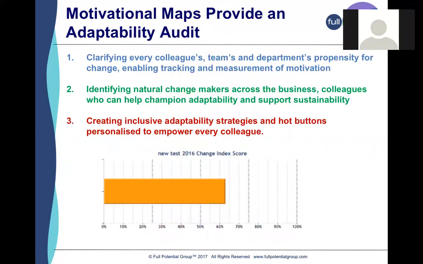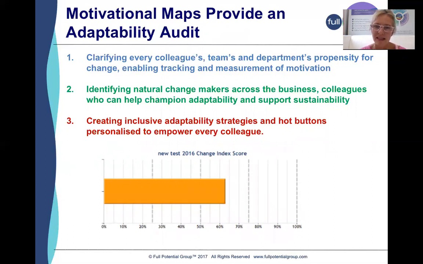And what's fascinating is you can map teams and start to look at not only what is a colleague's propensity for change, but also what's the team change index score. And this was a test we did on a team at the end of last year, and they came out about 66% as a propensity to change.